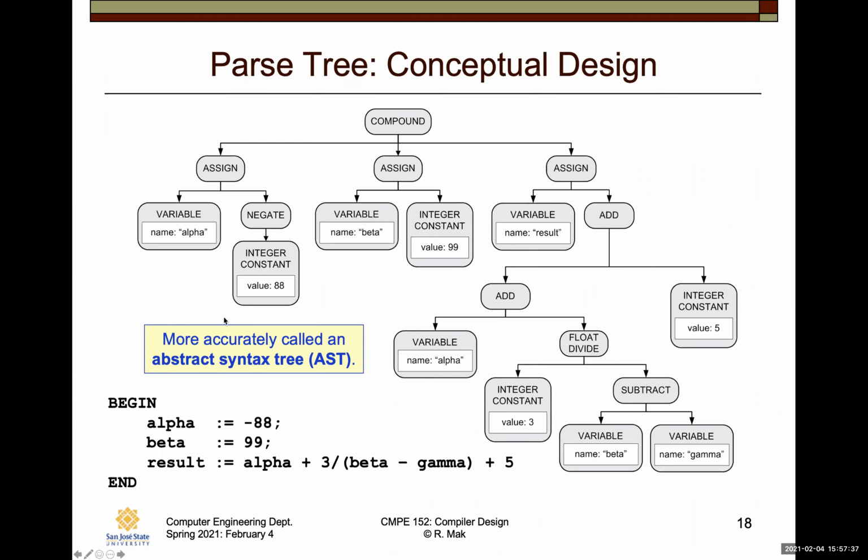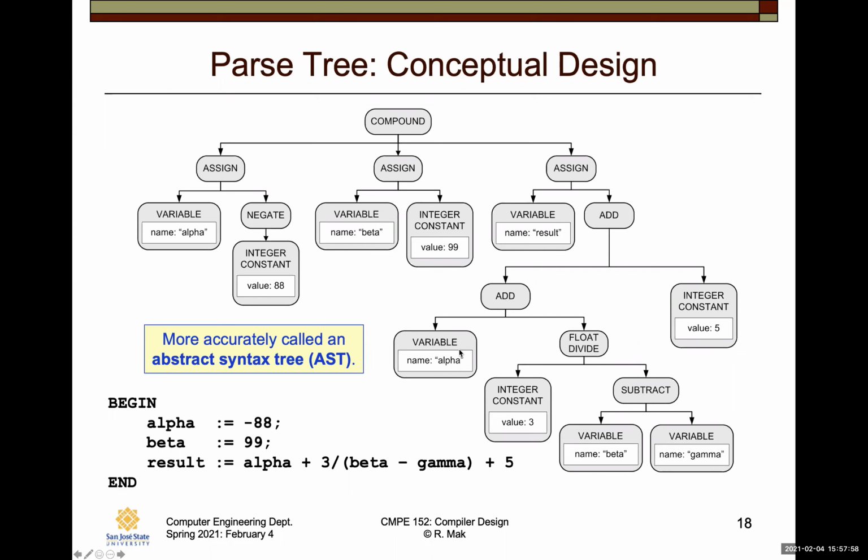And then the third assignment, we can see that things have gotten a little bit more complicated. There is our favorite expression. So here, the third assignment, well, the first child, of course, is result. And then we have an add node. Well, what are we adding?